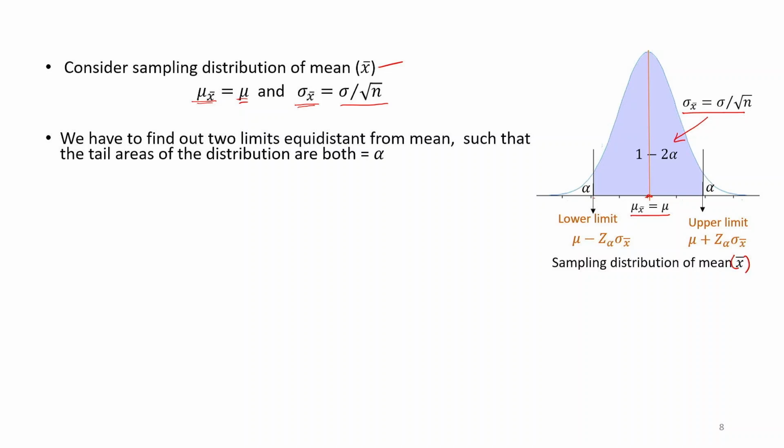The mean is here, the population mean, and the mean of sample means is also at the same place, but they are equal, which is unknown to us. From here we make two limits equidistant on the right hand side and left hand side, such that the area beyond the limit is alpha this side and alpha on the other side also.